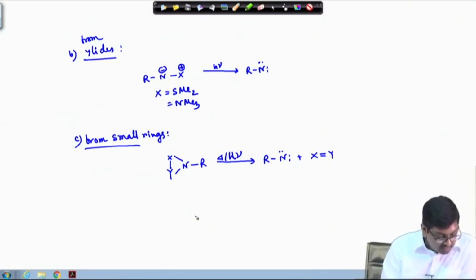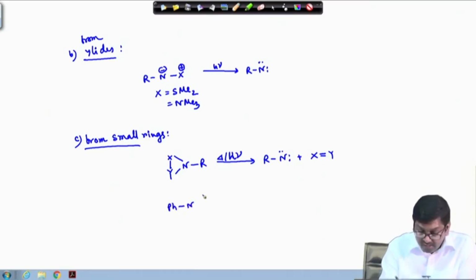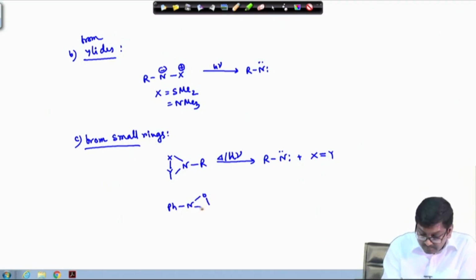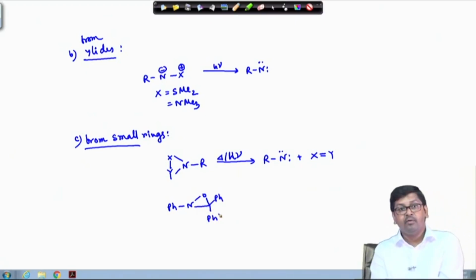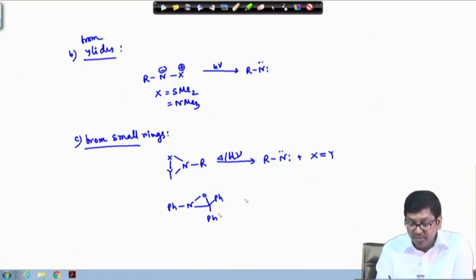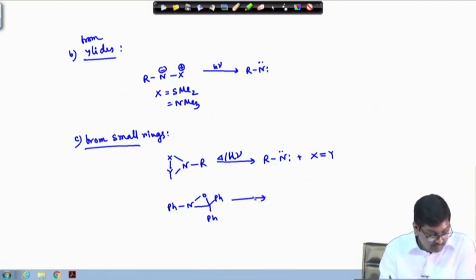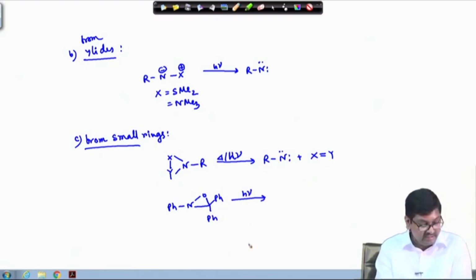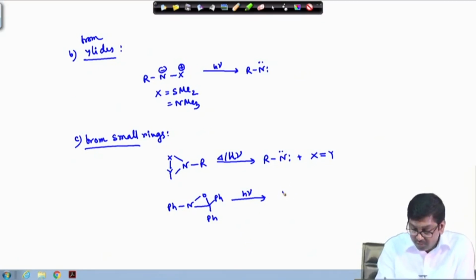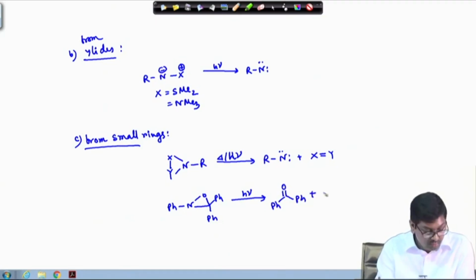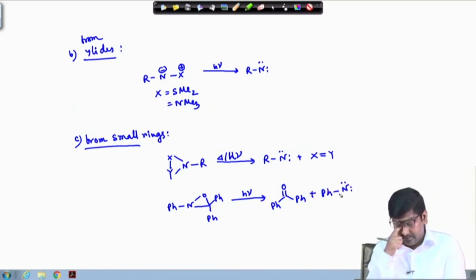If we take oxyazidine as per example, as a precursor for generation of nitrene through this way, under photochemical irradiations, this oxyazidine ring will generate one small keto compound plus the corresponding nitrene.